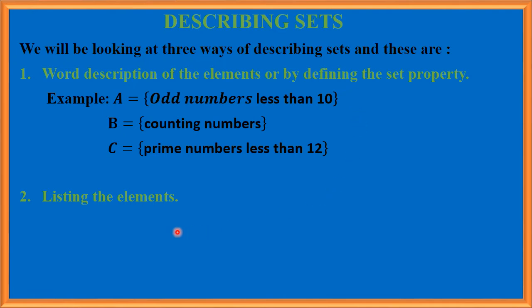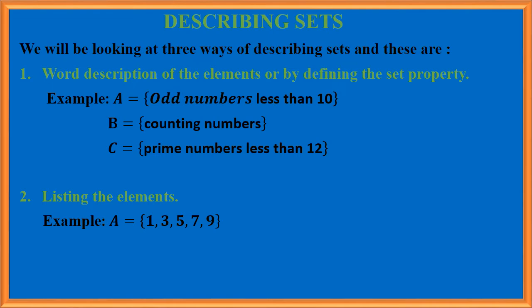And we all know that odd numbers are numbers which are not divisible by 2 exactly. So when we are going to list the members or the elements of set A, we'll have set A to be 1, 3, 5, 7, and then 9. You see that the last element here is 9, and when you compare, it is less than 10.